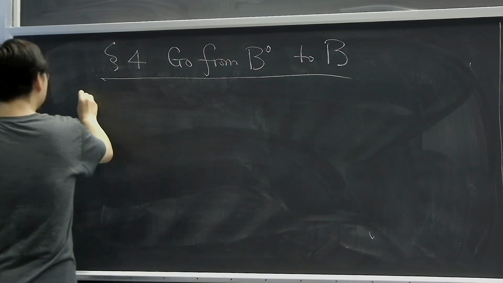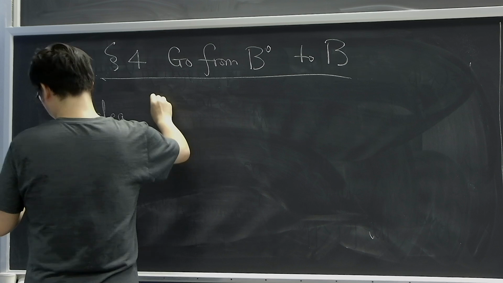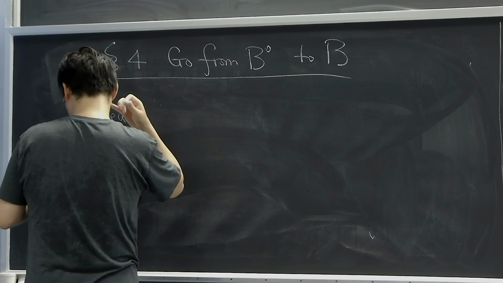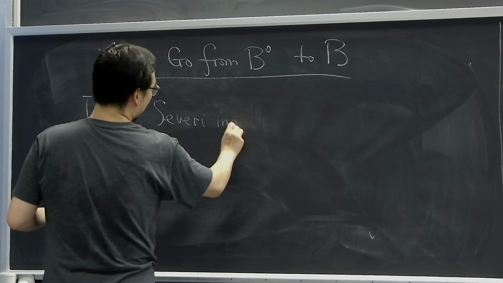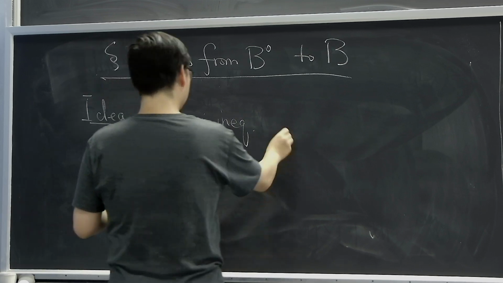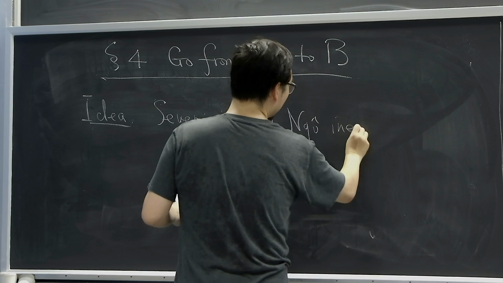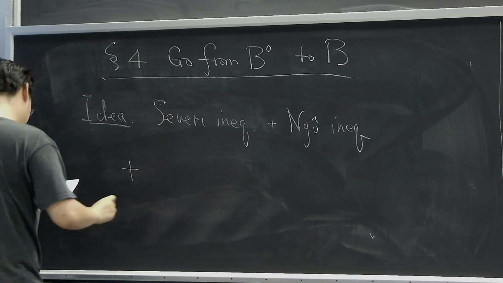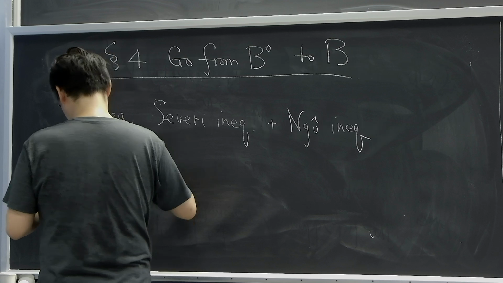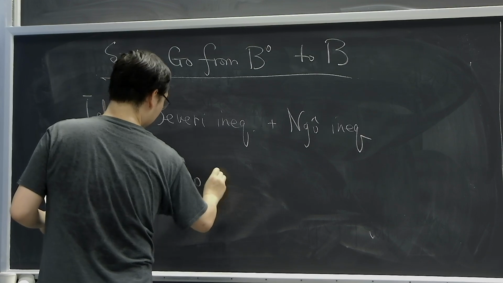So the idea is to combine three things. Of course, the Ngo inequality and the Severi inequality will be used, but you have an extra input, which is the Fano condition, which I will explain.